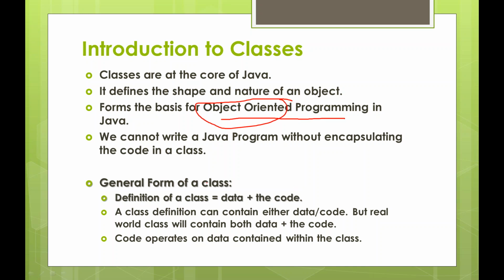As I told in the beginning of the class, we cannot write anything without defining a class. Everything has to be encapsulated within a class. Even a single line of code, if you want to write in Java, needs to be written inside a class by defining a class.